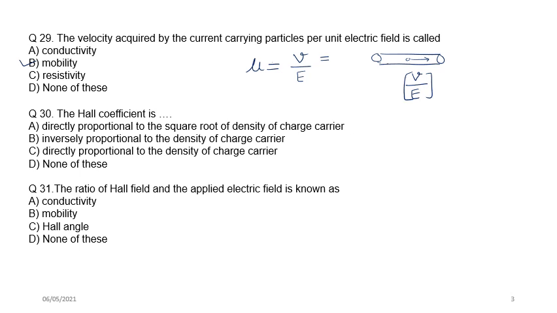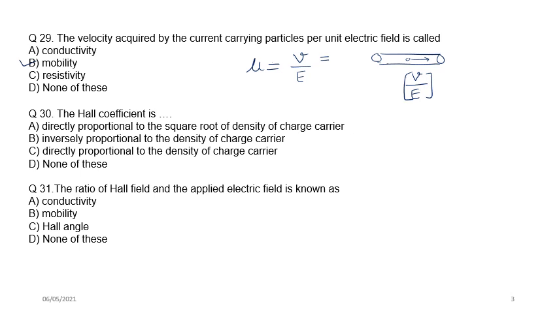The Hall coefficient is: directly proportional to the square root of the density of the charge carrier, inversely proportional to the density of the charge carrier, directly proportional to the density of charge carriers, or none of these. In order to solve this problem, we should know simple formulas.